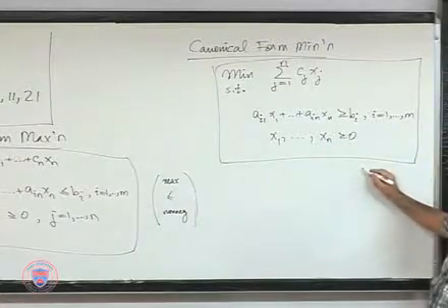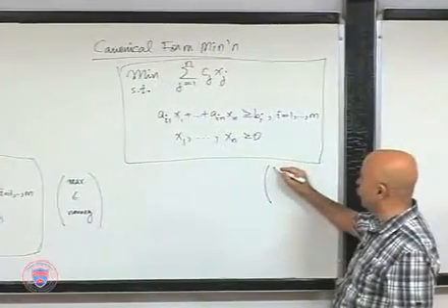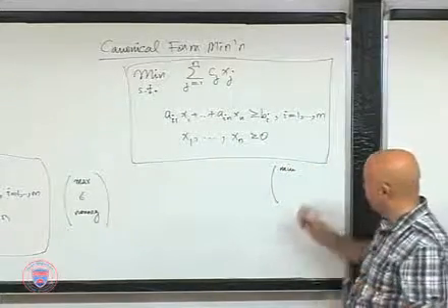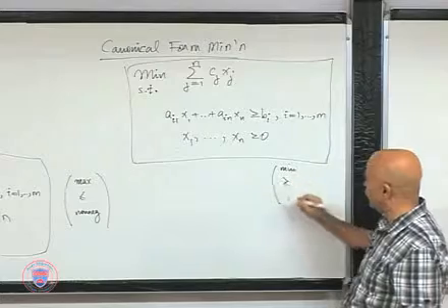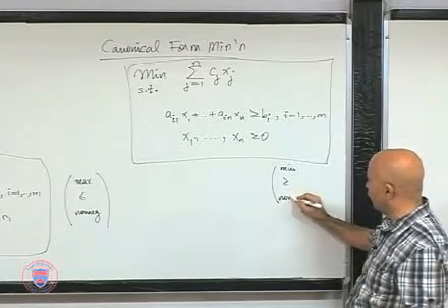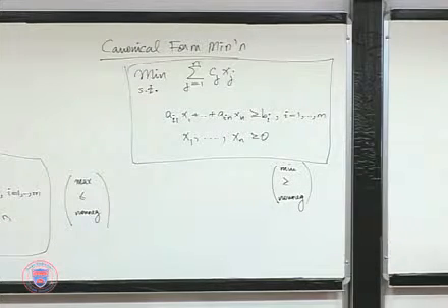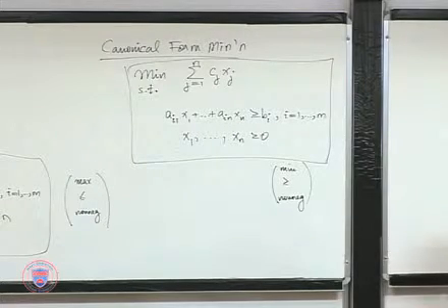For the minimization case, canonical form, your objective function is minimization, and the constraints are flipped around, and you still have non-negative variables. Okay? So min goes with greater or equal, max goes with less or equal. I don't know if you can remember or memorize that. It's good to memorize that.